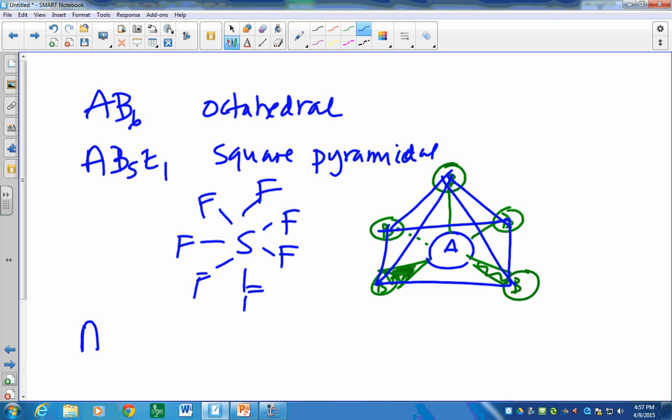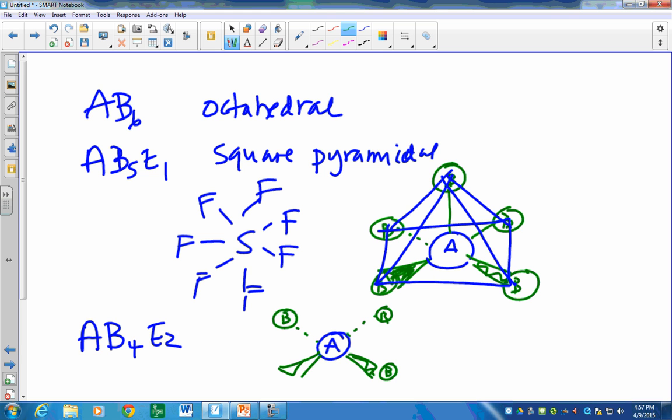And then AB4E2 is you pull out 2 of these and you end up with just this and this and this and this. And so you end up with a square all in one plane. And so an AB4E2, if you look on your sheet, is square planar.